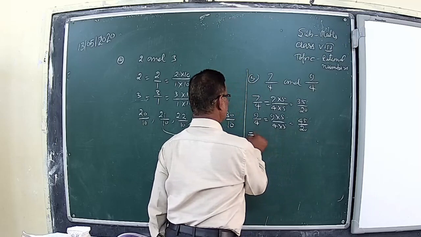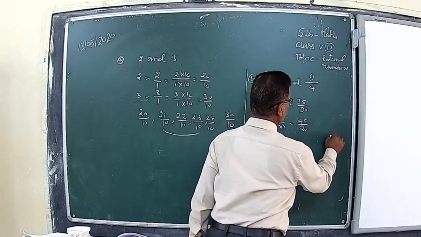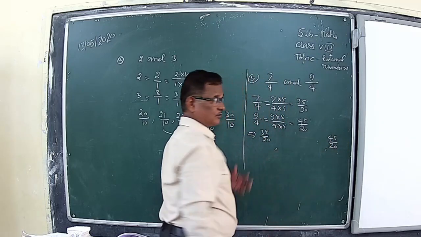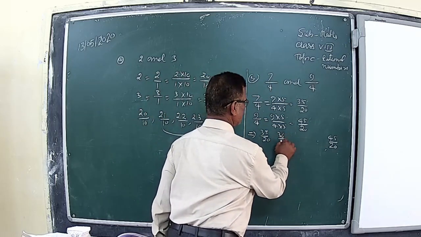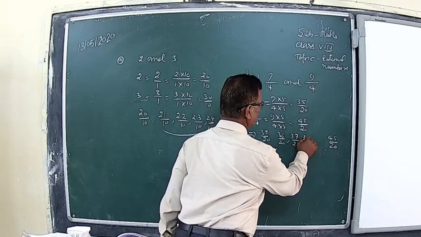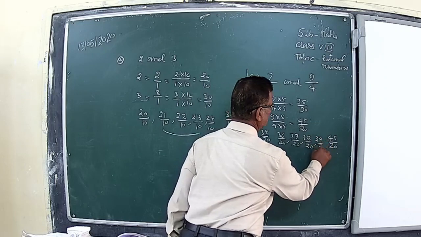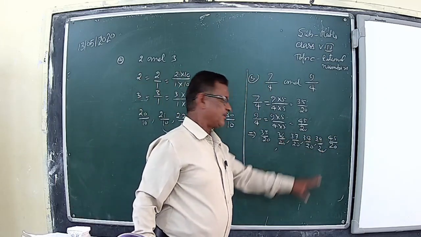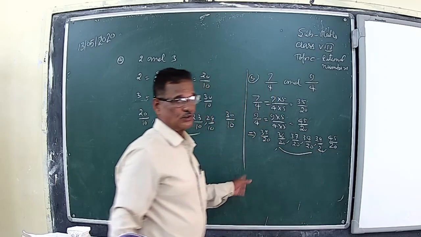So the two numbers are 35 upon 20 and 45 upon 20. Now find the required rational numbers: 36 upon 20, 37 upon 20, 38 upon 20, 39 upon 20, up to 44 upon 20. These are the three rational numbers between these two numbers.